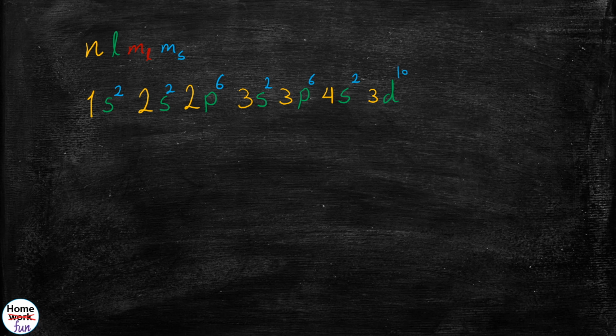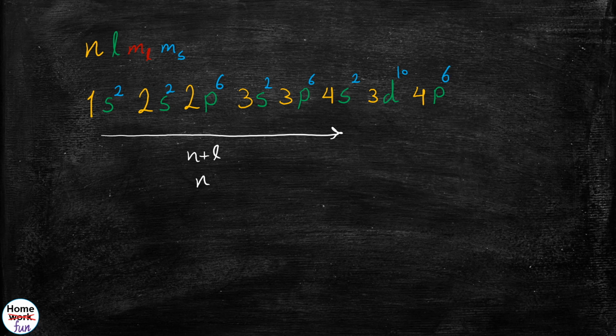3d10. So first comes 4s, because that's how they increase in the order of n plus L, increasing n plus L. If 2 of them have the same n plus L, you go by increasing n, Aufbau's principle, lowest energy to highest energy. So you can continue that. So 4p, again 6.